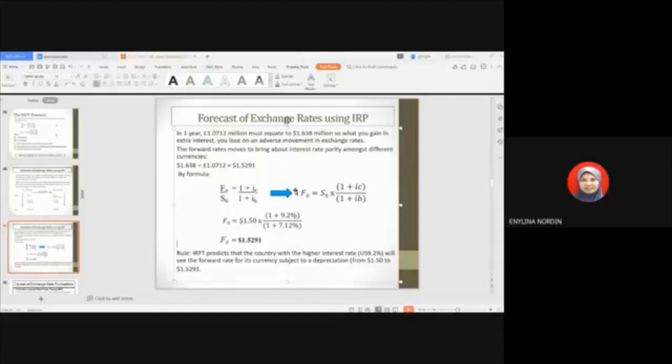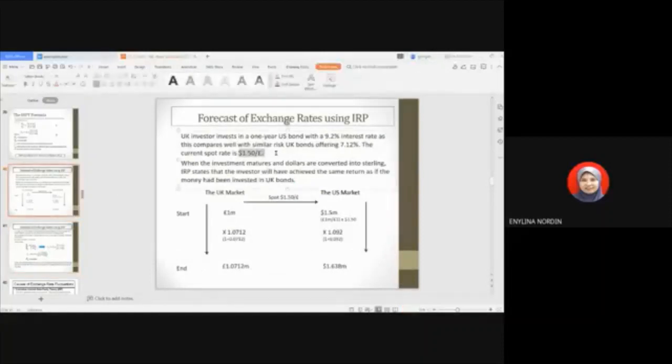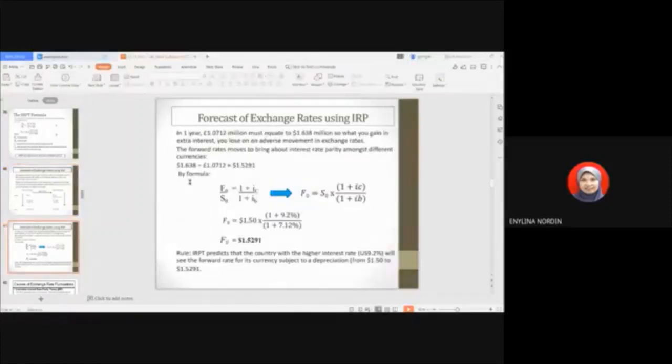Why is that? Currently the exchange rate is $1.5 per pound. But after you take the interest rate into consideration, it is expected that the exchange rate is going to be $1.5291 per pound.